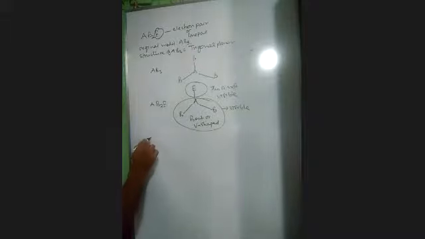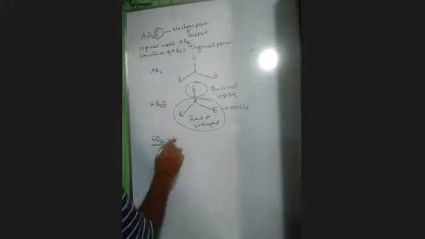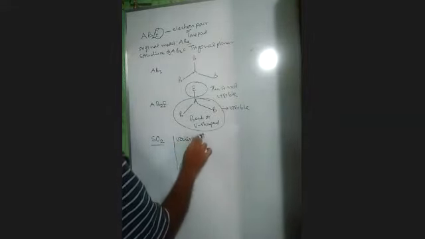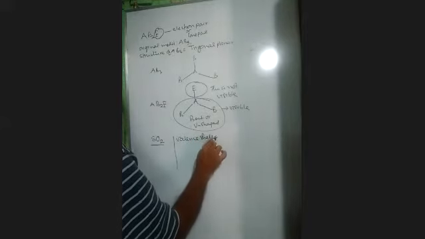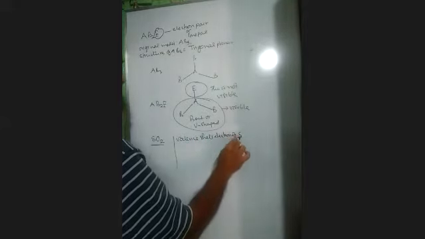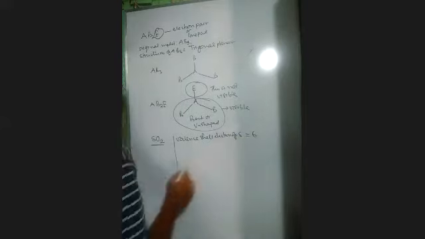Example, we have done sulfur dioxide. So how do you find this structure? The valence shell electrons of sulfur is 6.